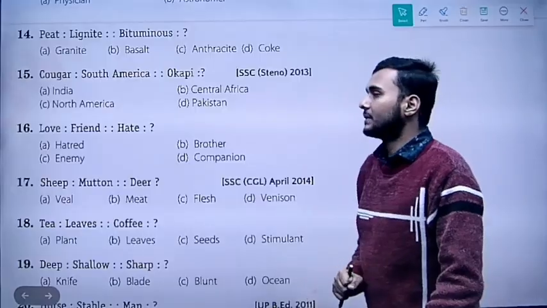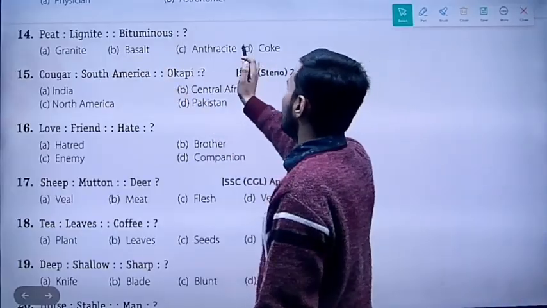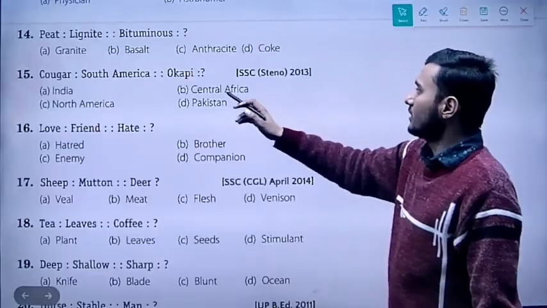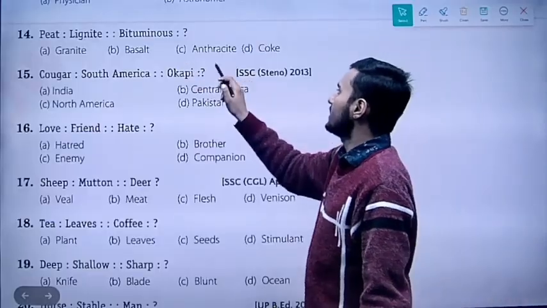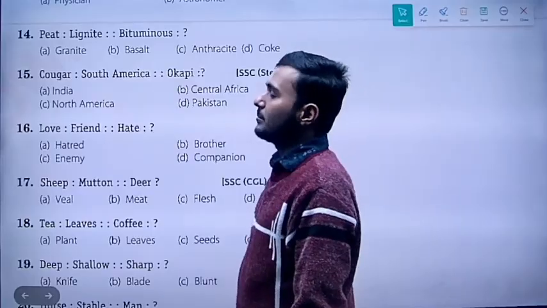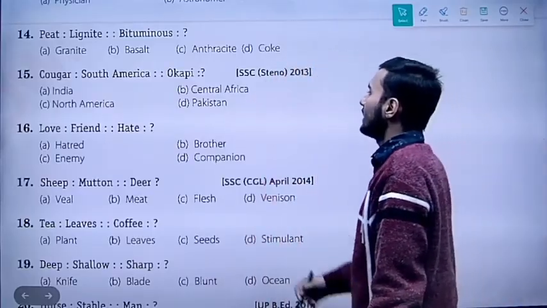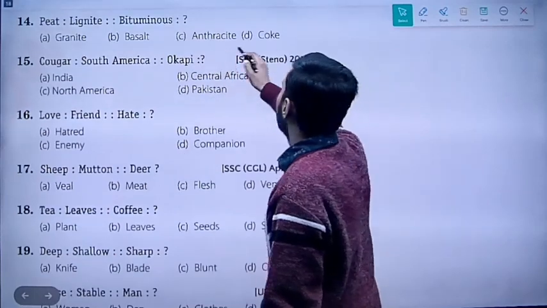They are types of coal. So we have to find a type of coal from these four options, and the type of coal is option C, anthracite. Anthracite is a type of coal. So the correct answer of question number 14 is option C.